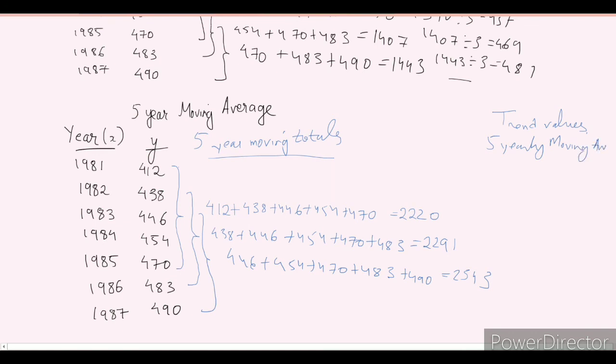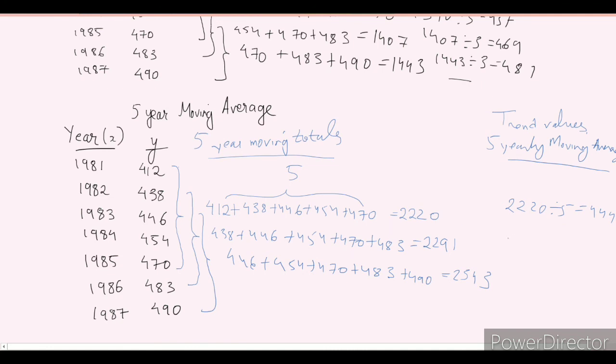Why is it an average? Because we are dividing the total by the period of the moving average, which is 5, or another way of looking at it, we're dividing the total by the number of years. Here we have 5 years, and this is the total. This divided by 5 will give us 444, which is the trend value for the year 1983.